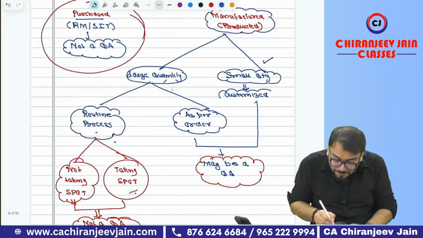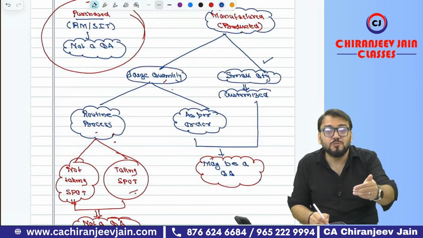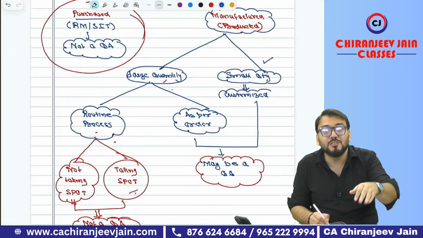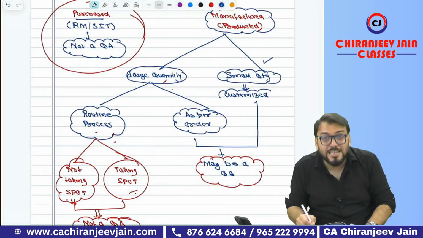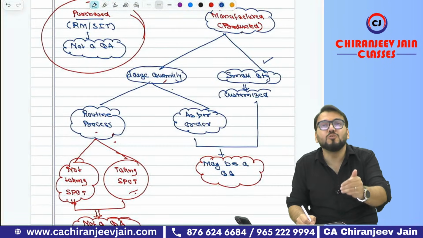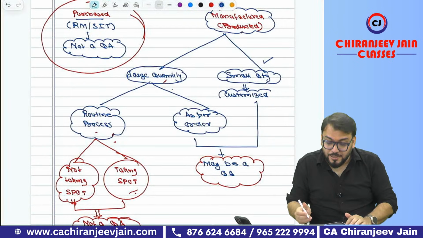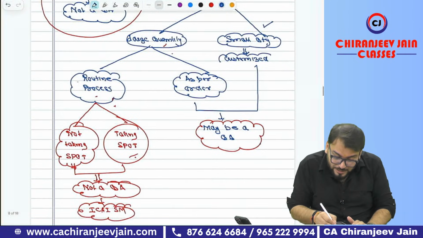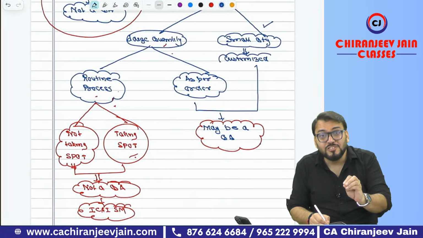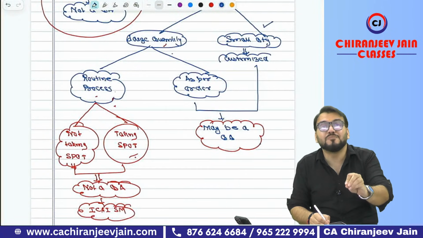Either it is a routine process of the company to manufacture. Routine process means suppose I am producing calculators, so after every 3 months I start my production even though I have no order from the customer. But sometimes we produce only as per the order. I receive the order, then I do manufacturing. If it is on order, it may or may not be a qualifying asset. But if it is a routine process, then it will not be a qualifying asset even though it takes a substantial period of time.